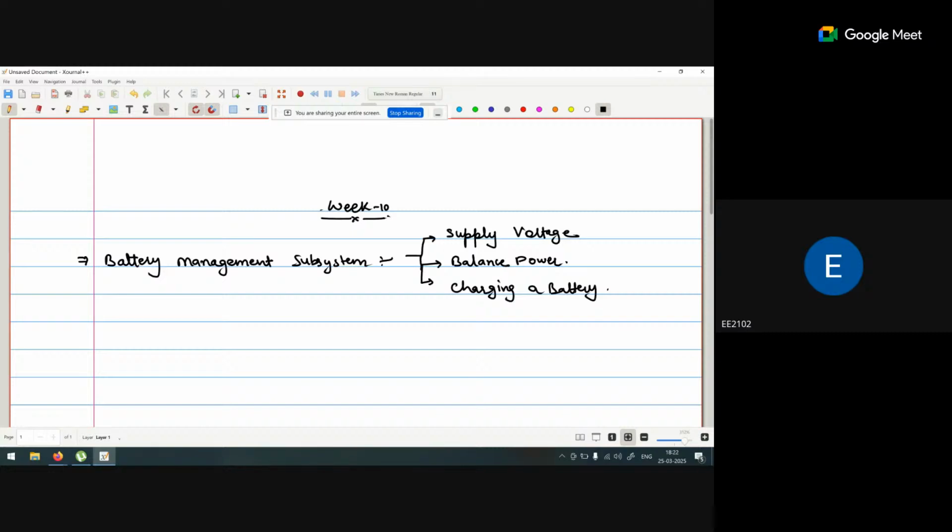Now, if we are talking about balance power, the meaning of balance power is this: if we have subsystem one, subsystem two, and subsystem three, with every subsystem the required voltage is different, maybe. The required voltage for power is different.